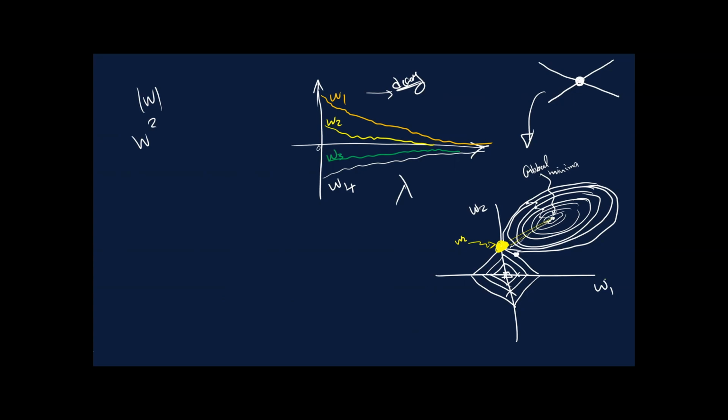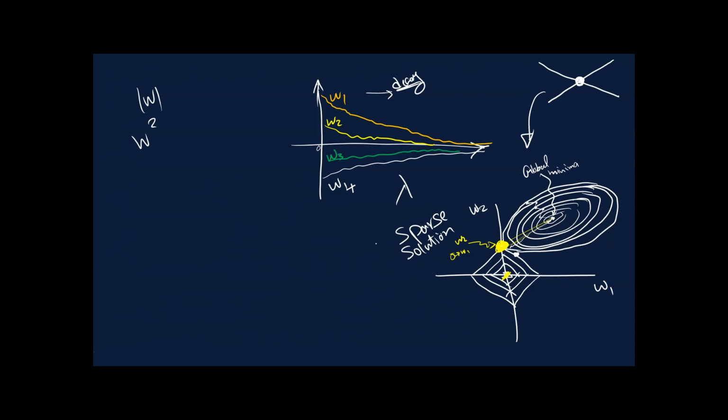So it will be 0 for W1, right? Because that is the solution, it will be 0 for W1. So what happened here is that we call this solution a sparse solution.